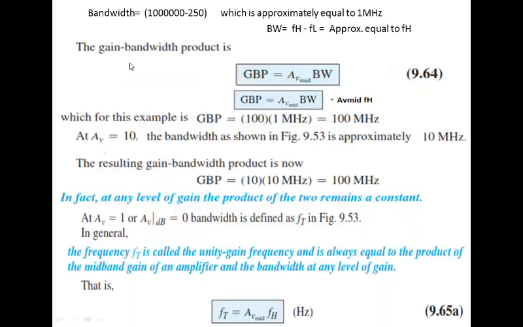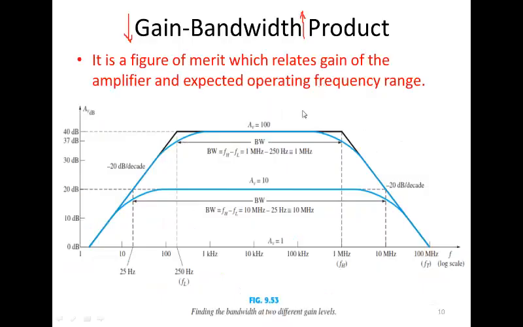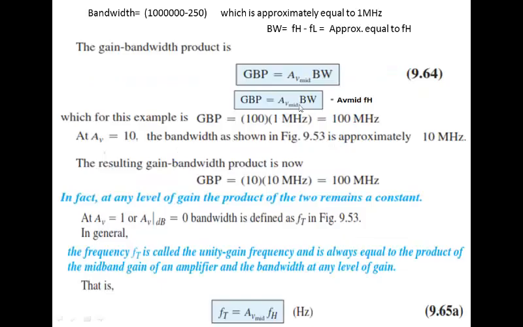So the gain bandwidth product is equal to AV mid into bandwidth, where AV mid is this quantity and bandwidth is fH minus fL, which is approximately equal to fH. So gain bandwidth product would be equal to AV mid into fH.